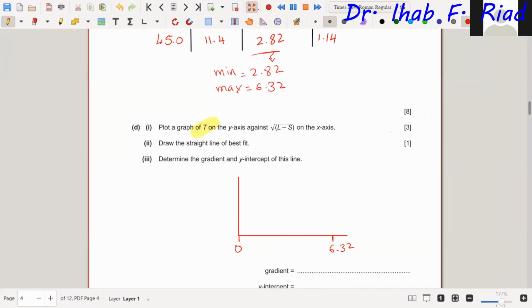Okay, no, let us go easy. So if we say that 6.32, we divide by what? By 8, the number of squares in the x-axis.